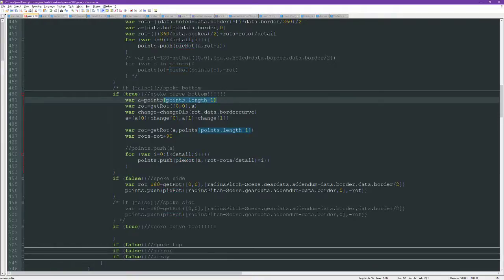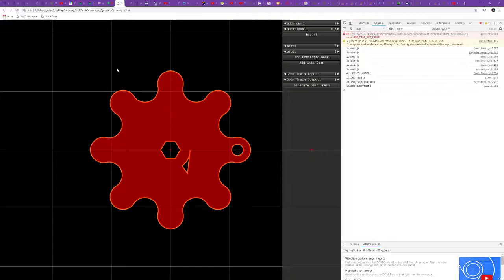We can just grab that point. Okay, so if A is still that point... Wait, what is this? Oh, that was just for that. Okay. So if we keep A as that point, we should just need to... No. We need to rotate it around... No. It already is where it needs to be. We just need to plus this. I think. Nope.